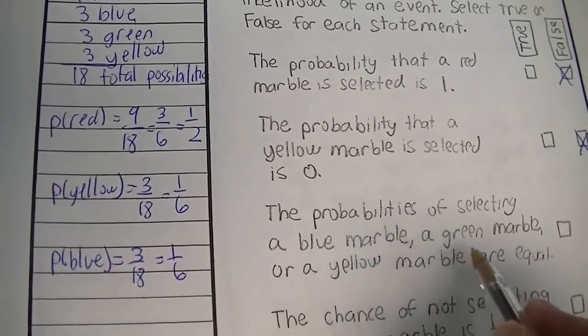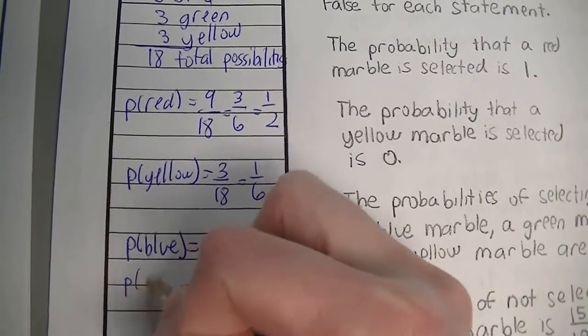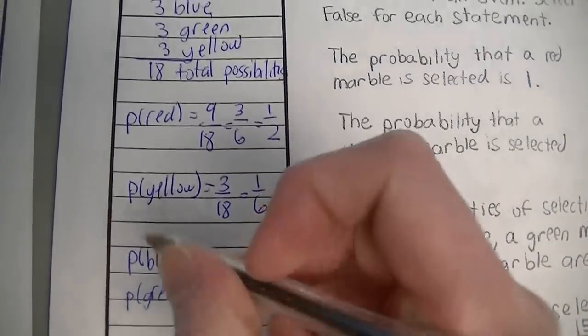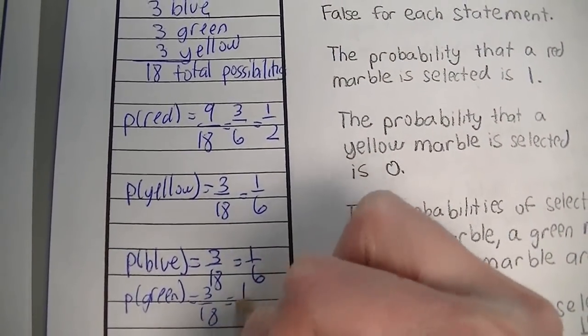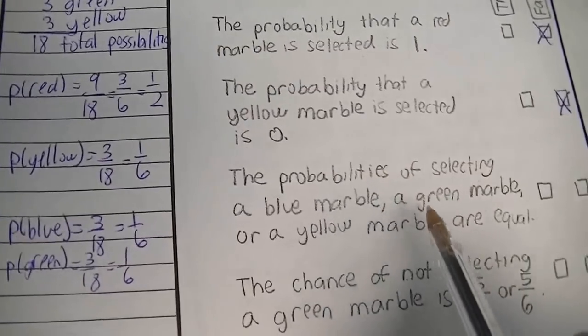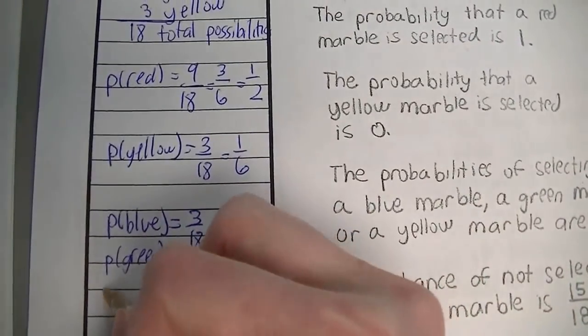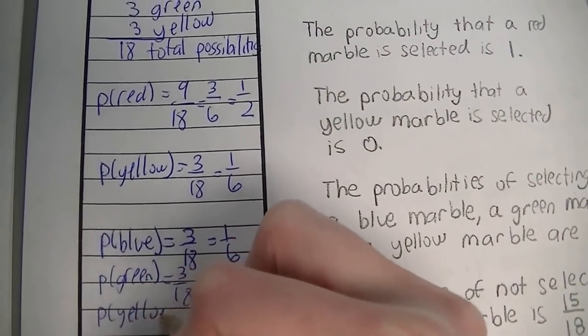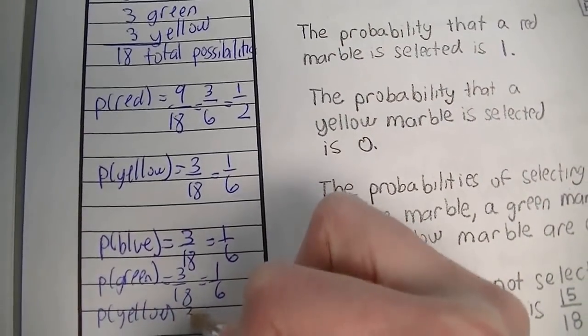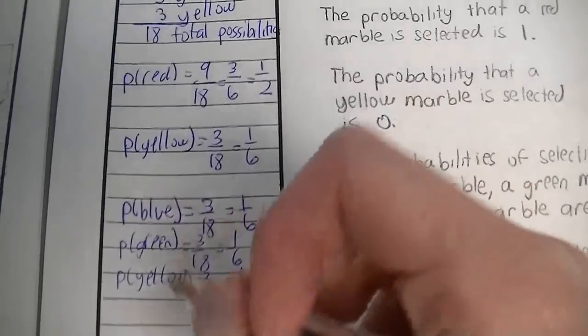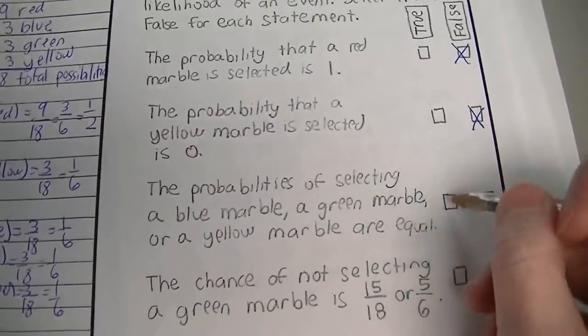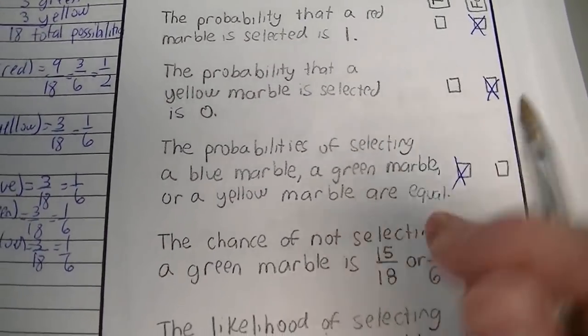Probability of selecting a green one, and that's also 3/18 or 1/6. The probability of yellow is also the same thing. So think about that. Is that true or false? So those are all the same. So therefore, that's a true one because that's what it's saying, that they're all equal.